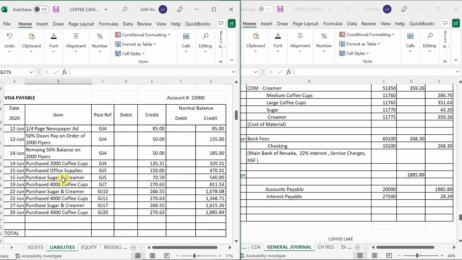Right now I owe $1,885.89. What's going to happen to it if I choose that I accepted the bill and I'm going to pay for it later?